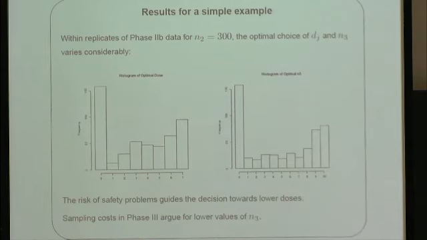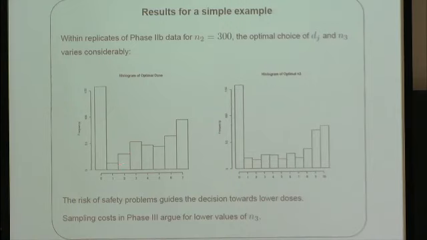These histograms show the distribution of the dose that was selected, and then the phase 3 sample size. There's a column here at 0, which means that we didn't do phase 3, didn't select any dose. And then in different situations, we've actually taken anything from the lowest to the highest.